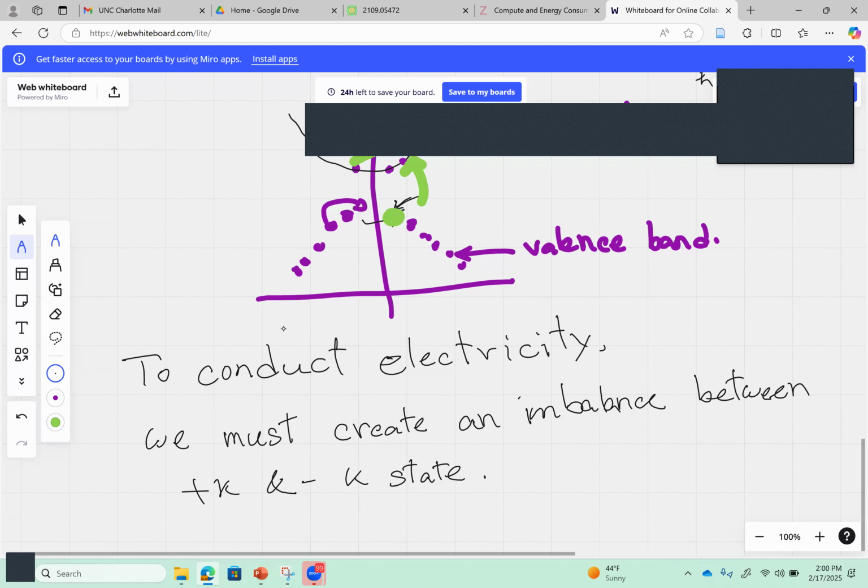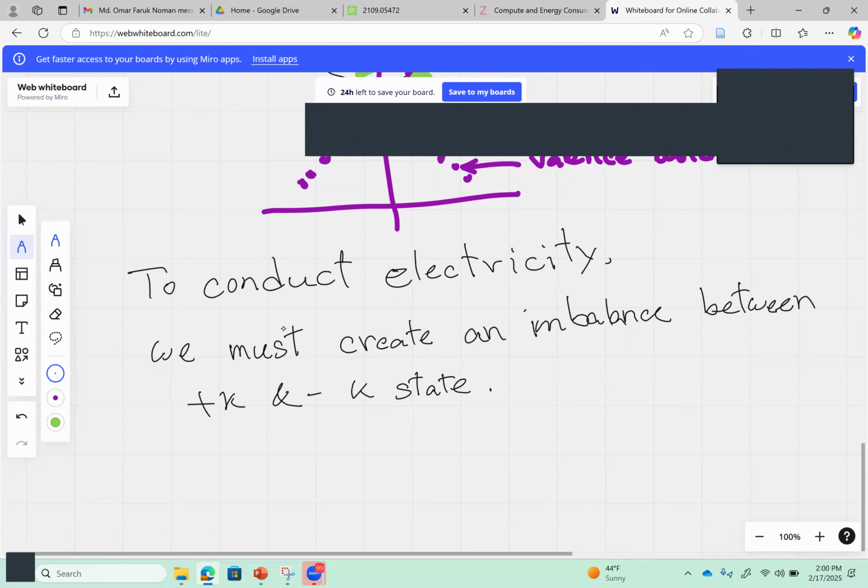So unless you have some imbalance, your net current must be zero. So that's one thing. And in order to create that imbalance, we must have some empty states where the electron can move.